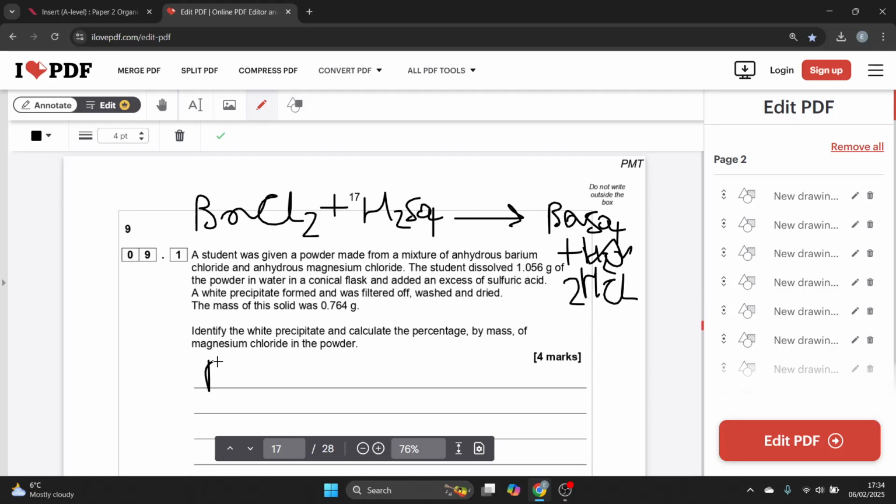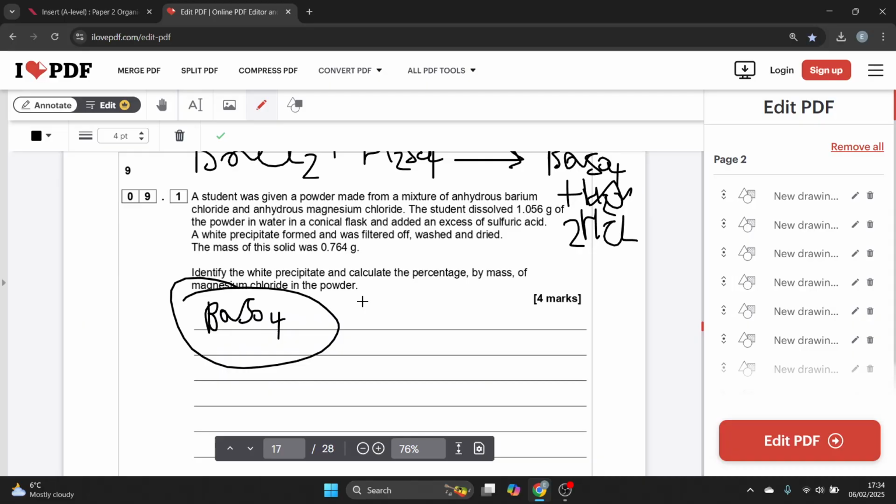Anyway, the white precipitate is barium sulfate, so that's it. Then it says calculate the percentage by mass of the magnesium chloride in the powder.